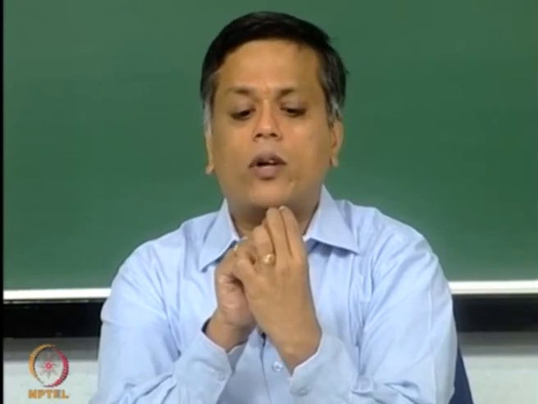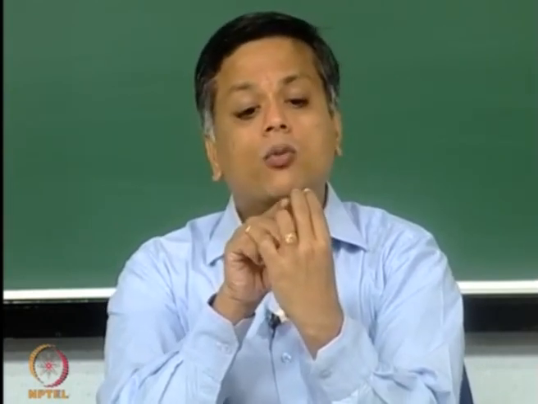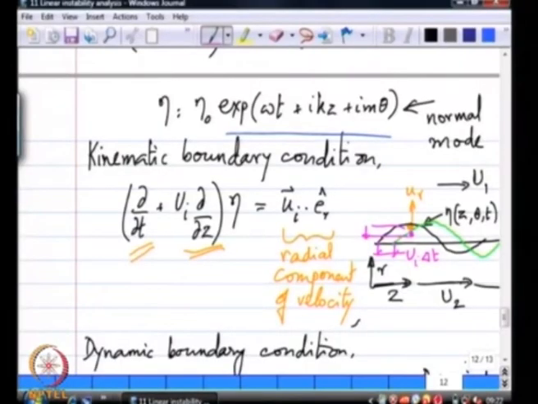So, if I have this interface in the unperturbed condition, the material particle inside the jet is moving with a velocity u1, and the material particle outside the jet is moving with a velocity u2. Okay. So, this u1 and u2 being different at the interface is accounted for in this kinematic boundary condition.